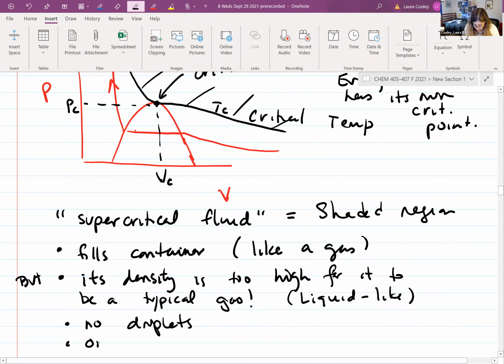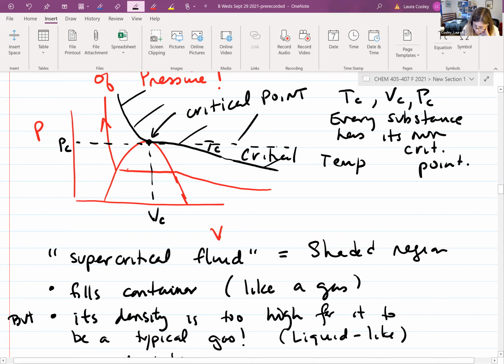And this happens when the pressure is greater than the critical pressure and the temperature is greater than the critical temperature. So it's above this isotherm here that's representing the critical temperature. And actually, I probably shouldn't draw this above here. There, let's put it there. Okay.